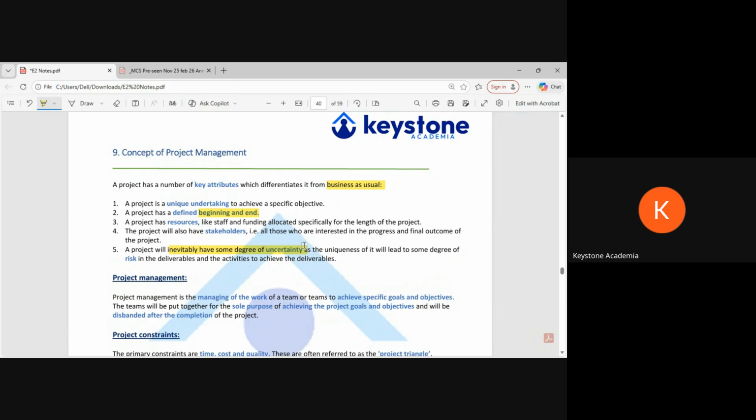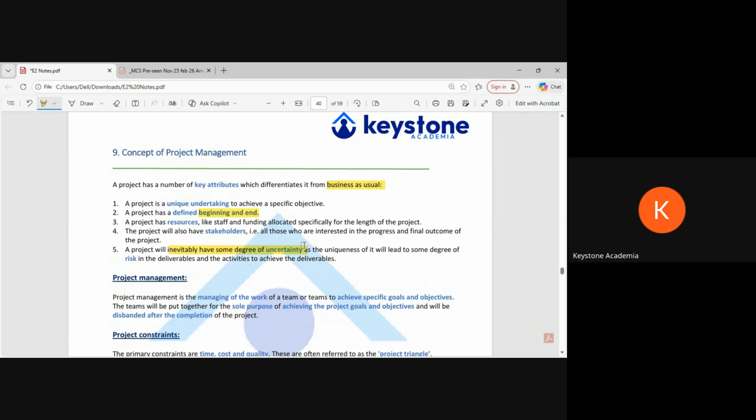But nothing will be 100%. The uniqueness of it will lead to some degree of risk, sometimes more, in the deliverables and the activities to achieve the deliverables. So what are the points? Unique, beginning and end, resource, stakeholder, and risk.